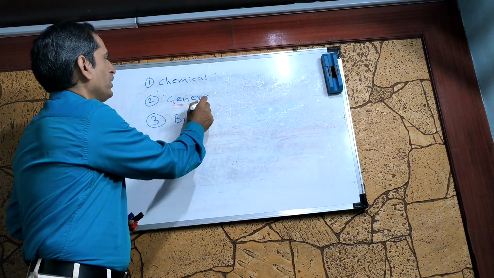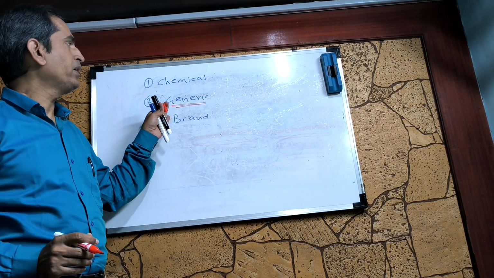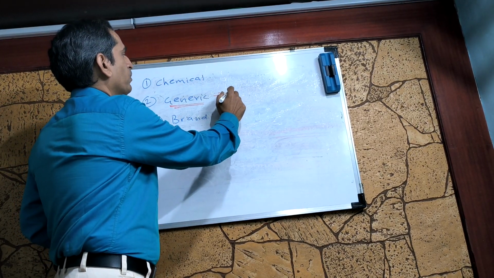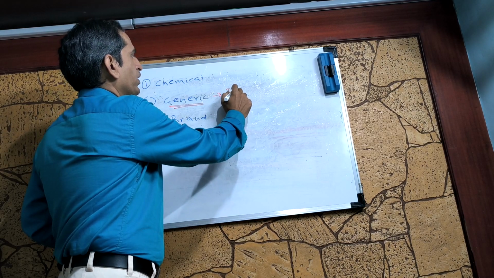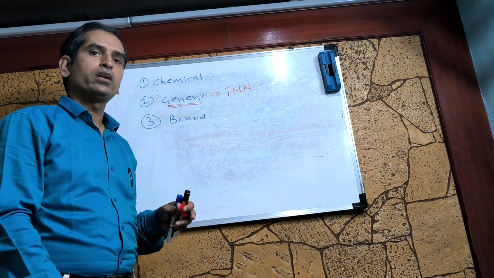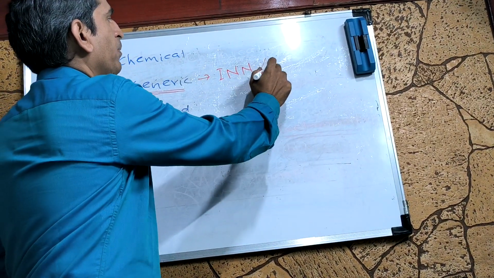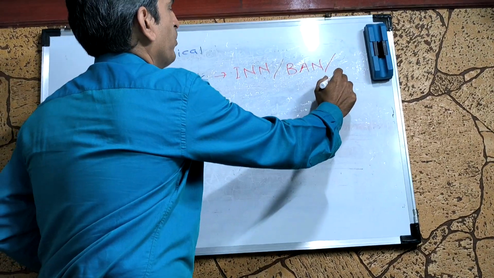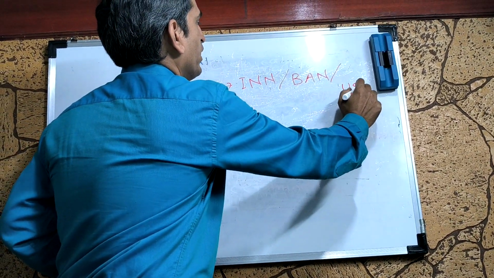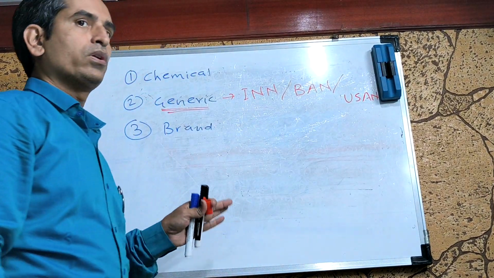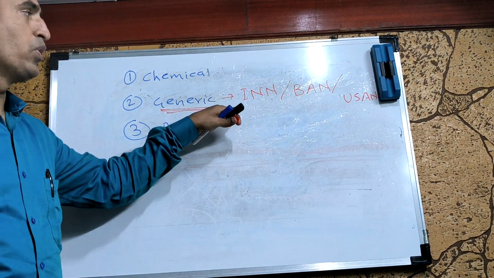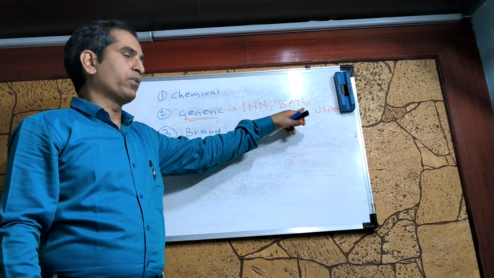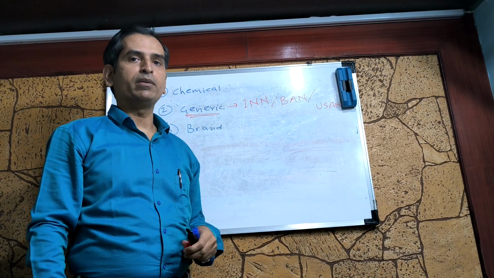Generic names are approved by the authorities, for example the WHO's recommended international non-proprietary name, the British approved name, and the United States adopted names.